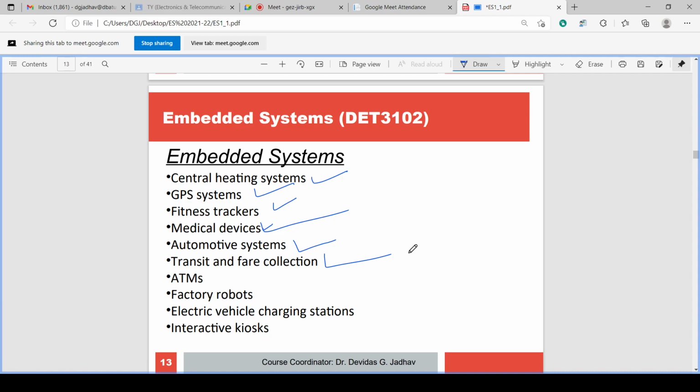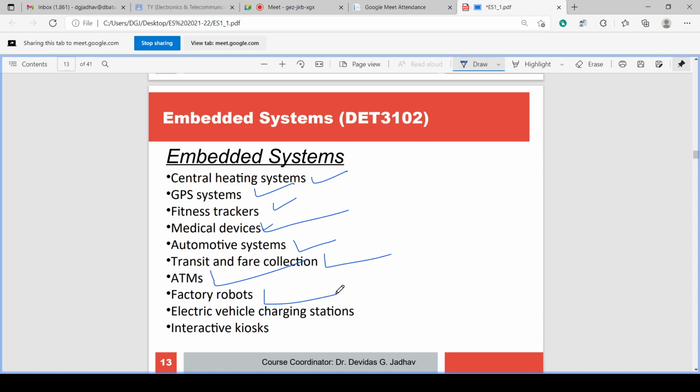And the machine has to count the money correctly, issue the money correctly, and record the data and communicate to the bank. So ATM is a good example of an embedded system.